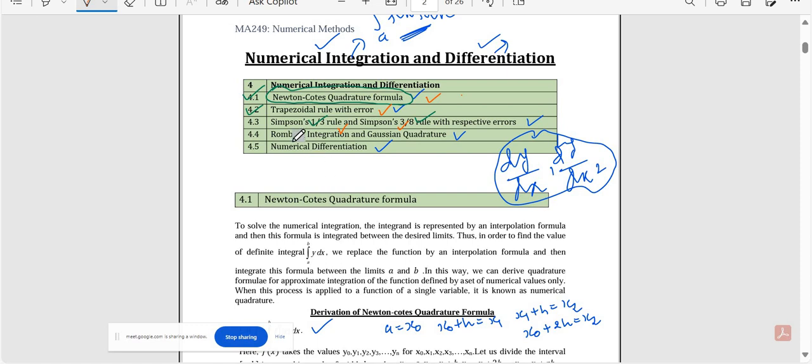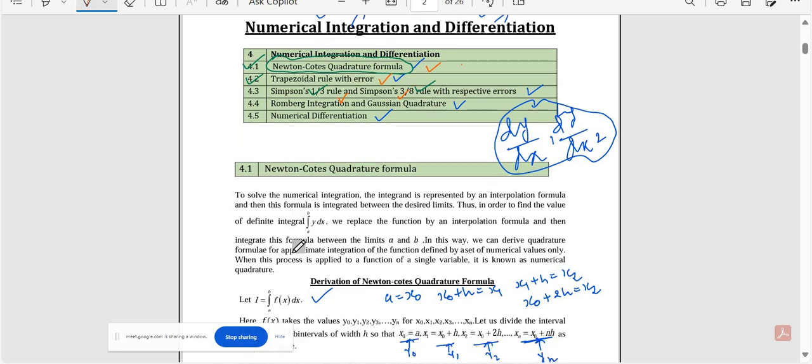Do you have an idea about the trapezoidal rule, everybody? If anyone remembers, please let me know. What is the formula of the trapezoidal rule?